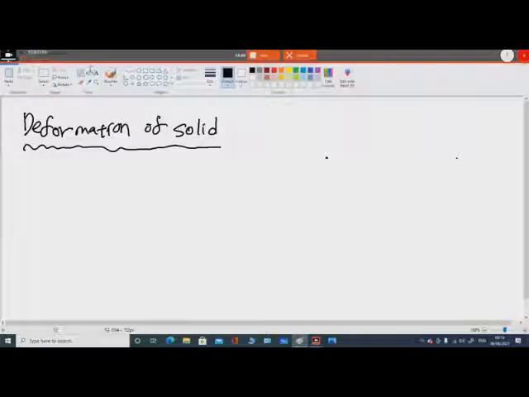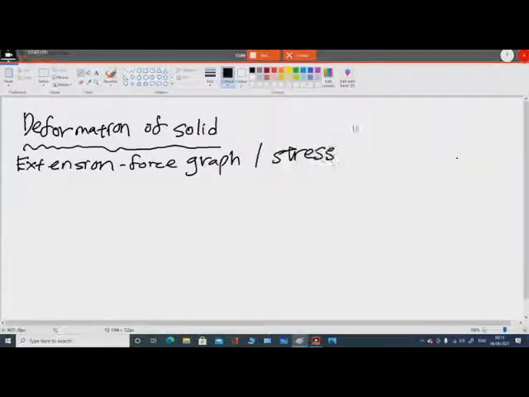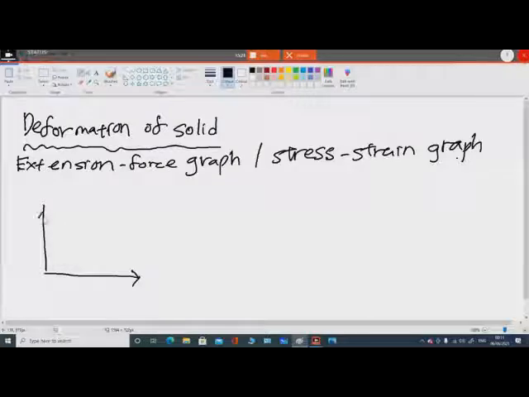So let's talk about the extension-force graph. And this is the stress-strain graph. This graph is actually two different things. For the extension-force graph, let's say we have an object which has this extension-force graph. Let me label it.